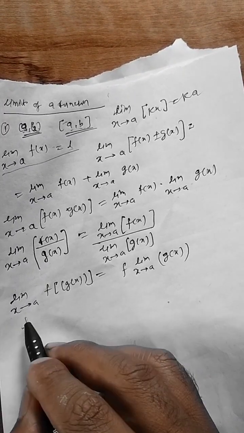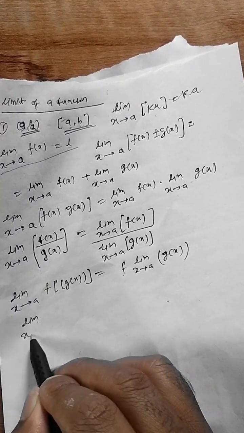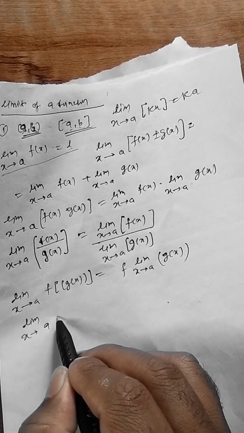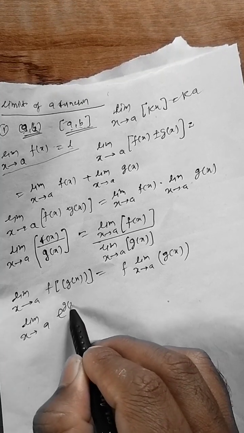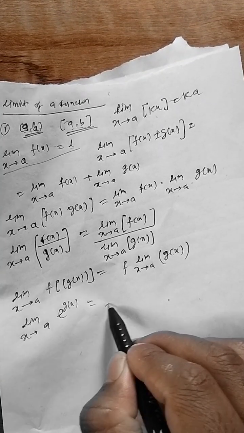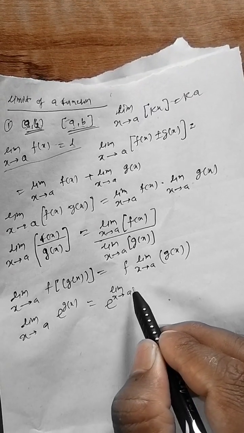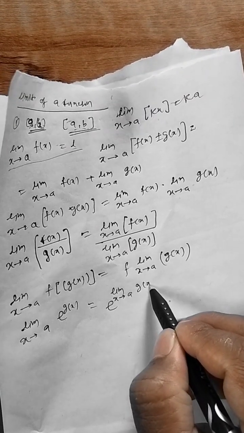Similarly, limit x tends to a, e to the power g of x is equal to e to the power limit x tends to a, g of x.